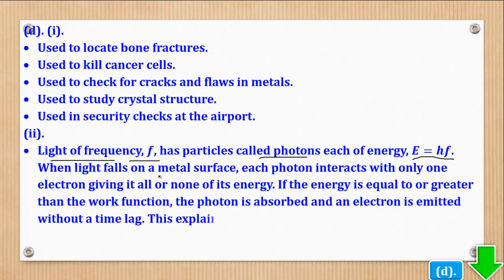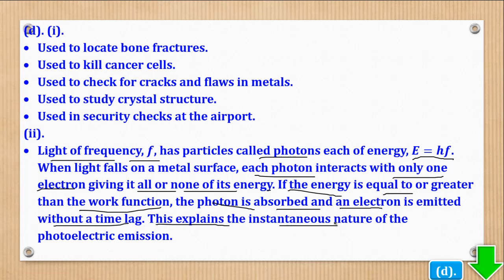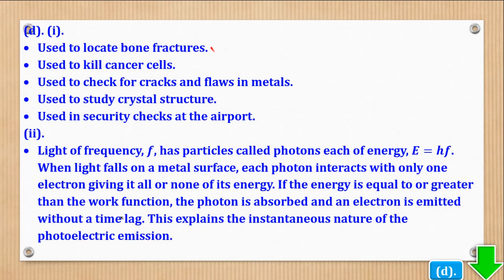When light falls on a metal surface, each photon interacts with only one electron, giving it all or none of its energy. If the energy is equal to or greater than the work function, the photon is absorbed and an electron is emitted without a time lag. And this explains the instantaneous nature of photoelectric emission.